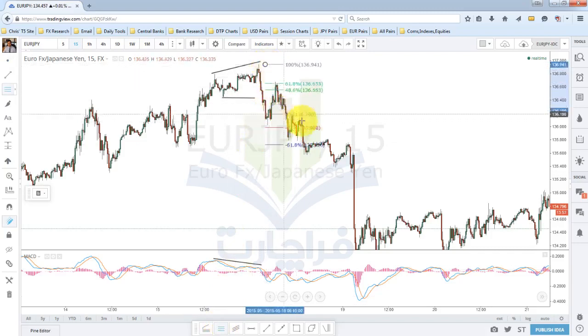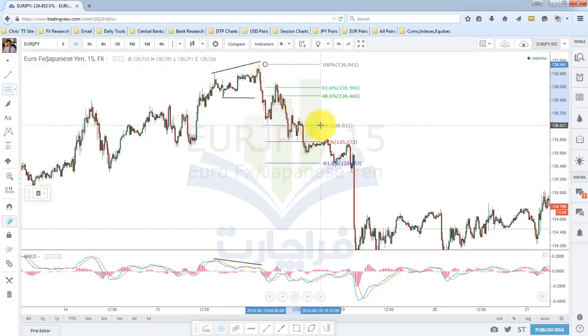We'll draw our Fibonacci retracement extension tool right here. 62% retracement. Initial target here was the 127, and you can see this even continued down to the 162% before finding some support again, and then continuing even deeper down. But those are the targets.